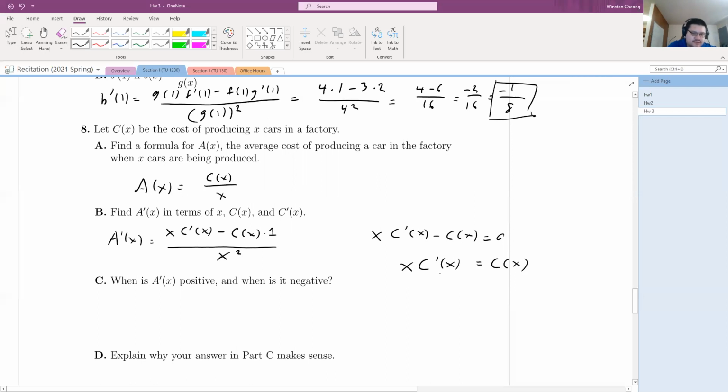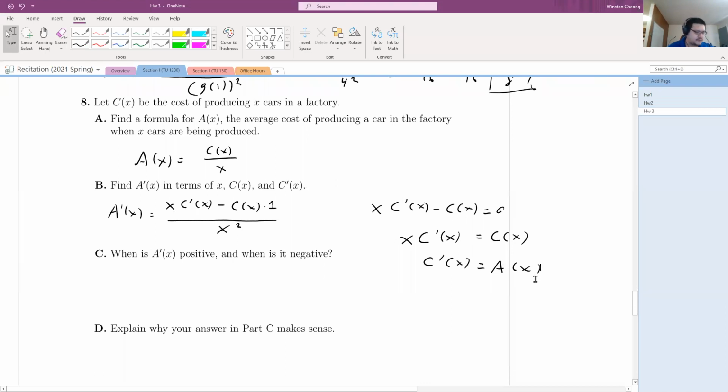But there is one interesting thing that you need to be able to see this, which is that if I divide the X here to the other side, I'm gonna get this identity. All right, and this is actually what C and D are all about, is spotting this little identity.